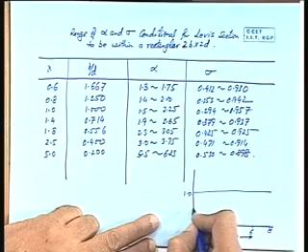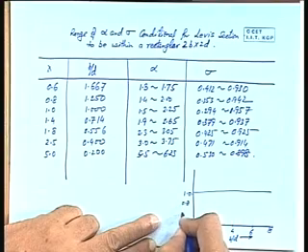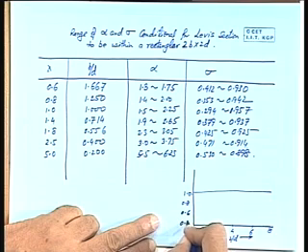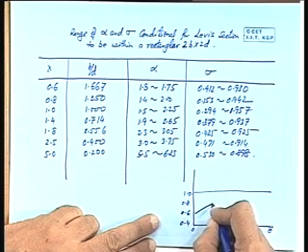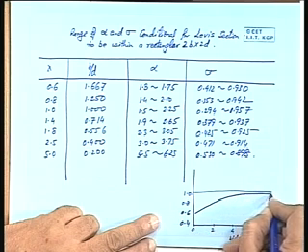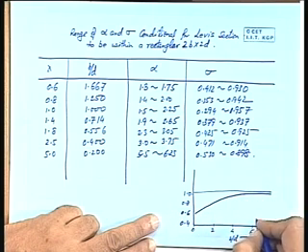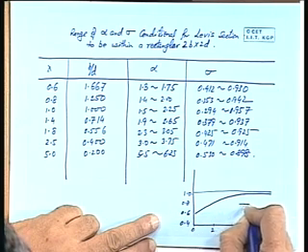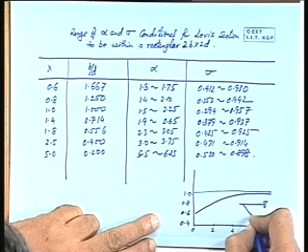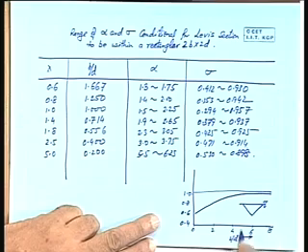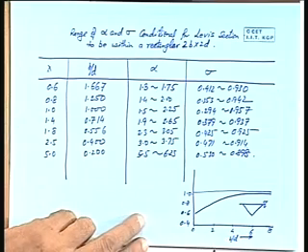And have 1 here, 0.8, 0.6, 0.4. This becomes a CV curve for a triangular section like this.